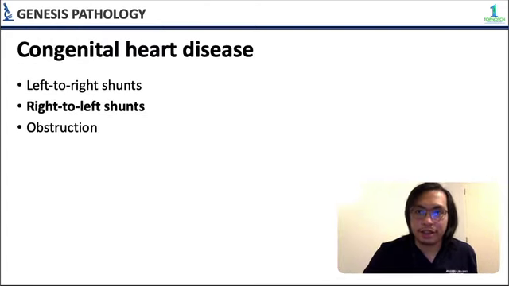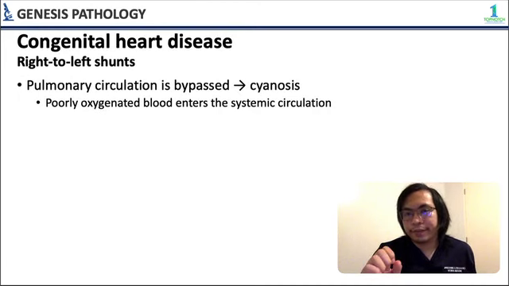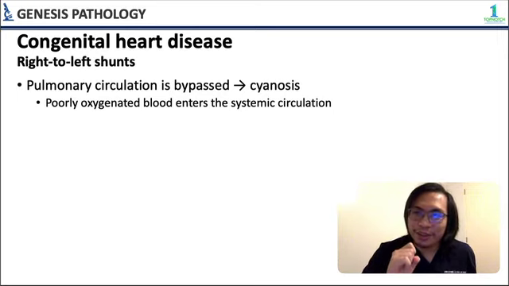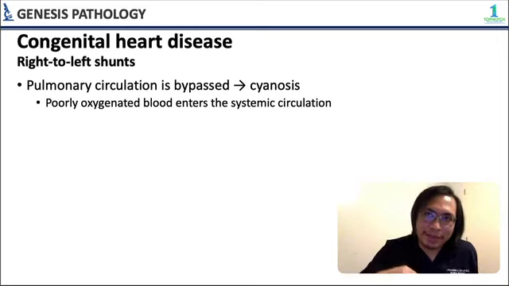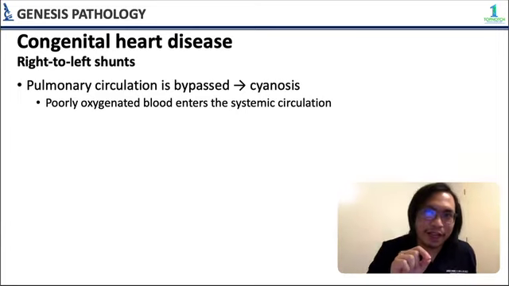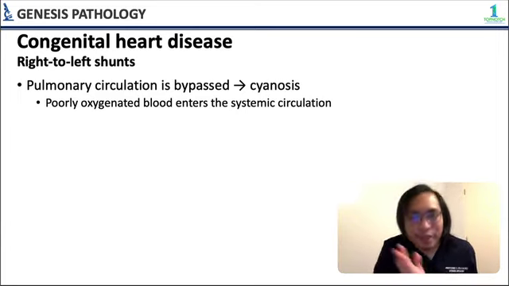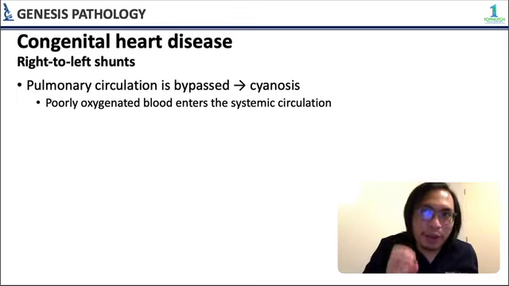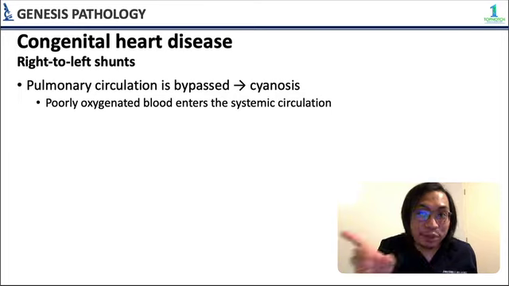Okay? Now, let's move to right to left shunts. Now, in right to left shunts, hindi pumupunta ng pulmonary circulation yung blood mo, 'di ba? Galing systemic circulation, deoxygenated na yung blood, pumunta ng right atrium, pumunta ng right ventricle, o imbis na pupunta ng pulmonary circulation, it will be bypassed. Okay? Dadaan siya sa butas, no?